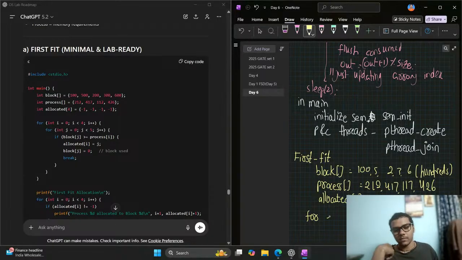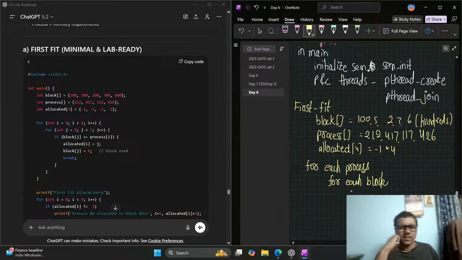For each process, for each block, if the process fits in the block, allocated of i is equal to j.